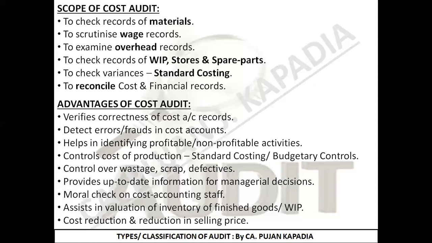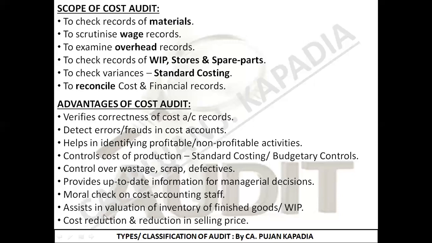Because you need to consider a proper proportion of each and everything that you have used to produce that particular finished goods. As a result, if you have proper up-to-date accurate cost data on your hand, it becomes much easier to value a particular finished good or a particular work in progress. So cost audit also helps us at the time of valuation of inventory of finished goods and work in progress.